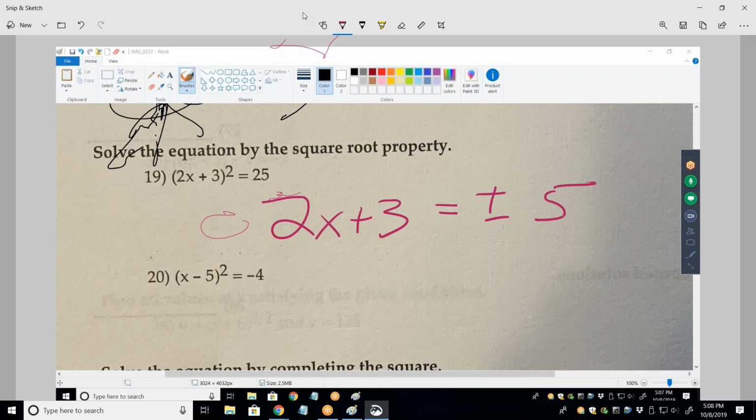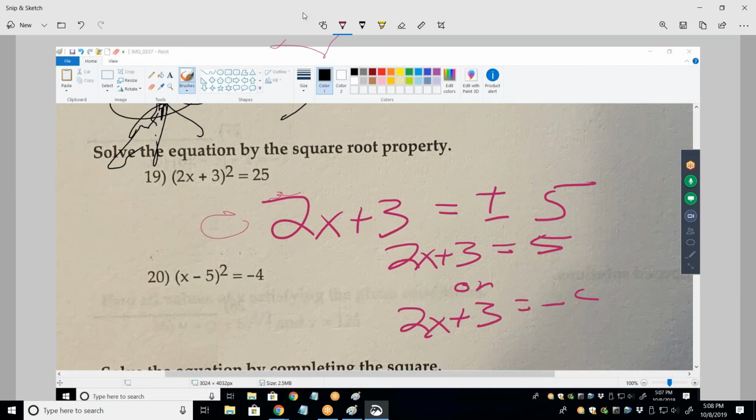So then you just solve the equation. 2x plus 3 equals plus 5, or 2x plus 3 equals minus 5. Now you solve each equation and you get x equals 1 or x equals minus 4.